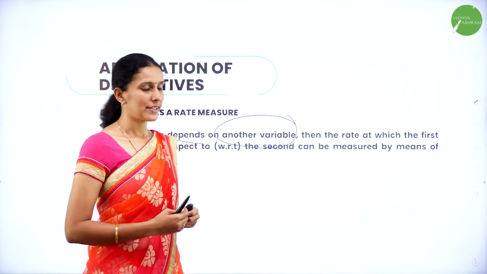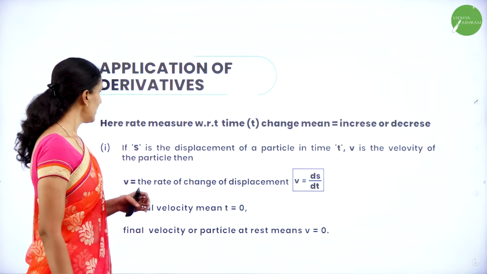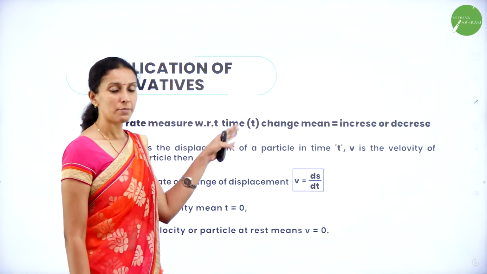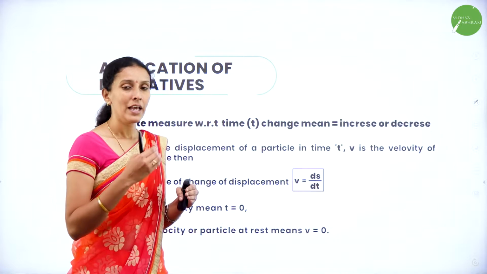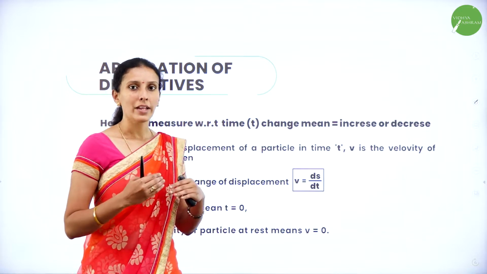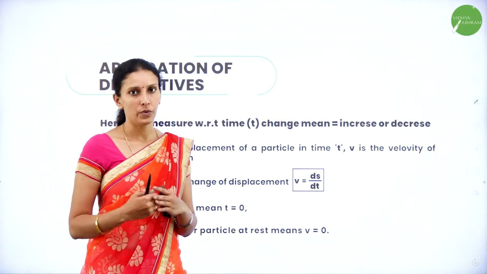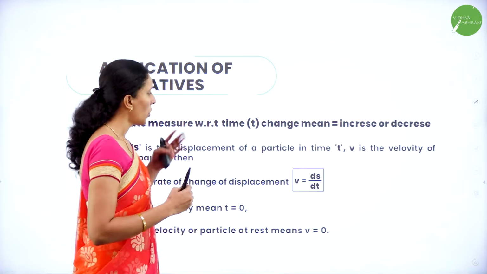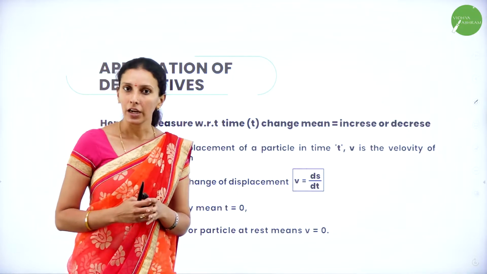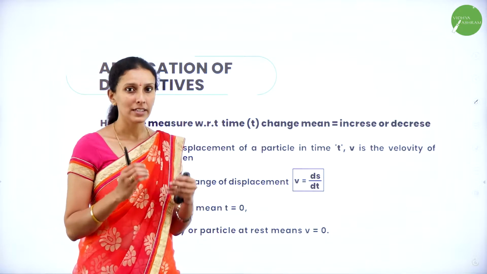So we'll take few examples for this. Also note that rate measure with respect to time is nothing but increase or decrease. A quantity may increase with respect to other, a quantity may decrease with respect to other. That we will find using the rate measure with the help of derivatives.